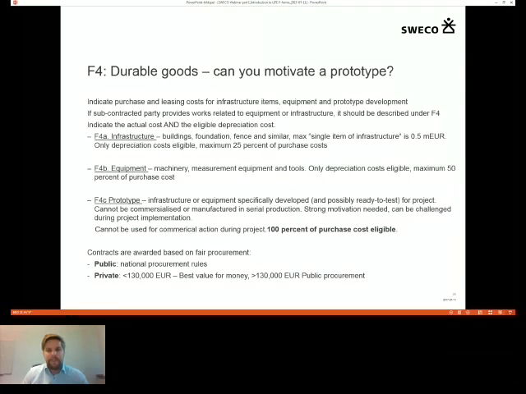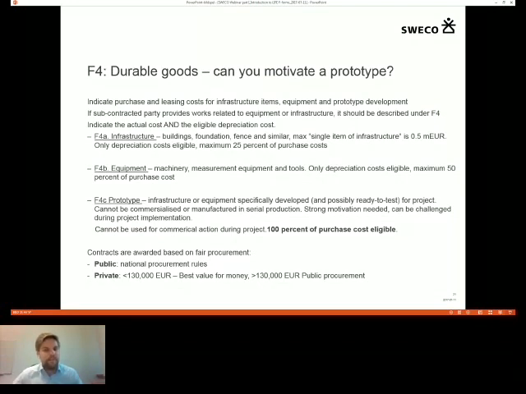It can be something that is delivered ready to test, but the important thing is that it has never been commercialized in the past, and it's not manufactured in any kind of serial production. You could use different components that are produced in serial production, as long as the prototype you're installing has not in this form been produced before.